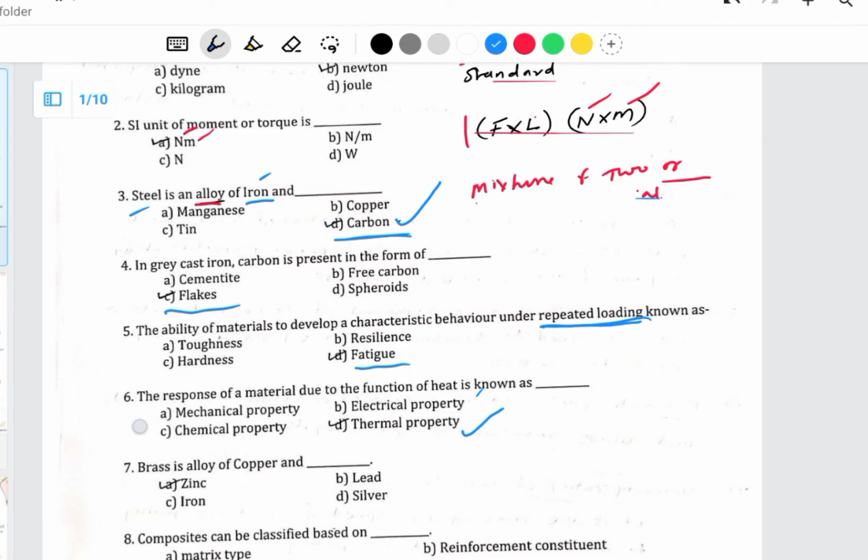If you are applying force and the property changes, then it is called mechanical. If a chemical reaction is happening, then it is a chemical property. But if you are heating one end of the object and the other end also gets an increase in temperature, then it is called a thermal property. So the correct answer is thermal property.